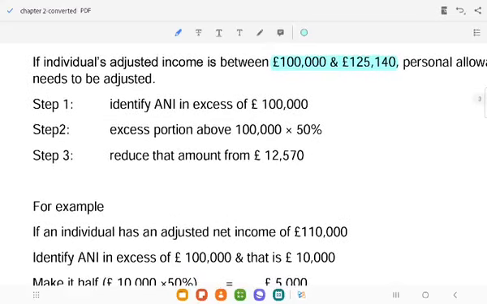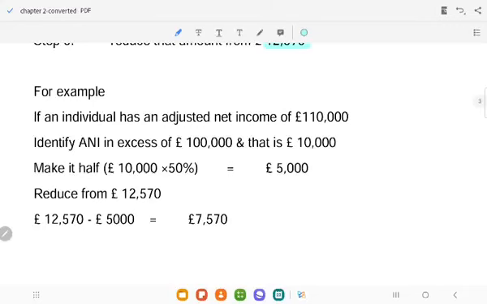For this, in the first step, you have to identify how much of your adjusted net income is in excess of 1 lakh. Then the portion above 1 lakh is divided by 2, or you can calculate 50% of that amount, and this amount will be reduced from the 12,570 of personal allowance.